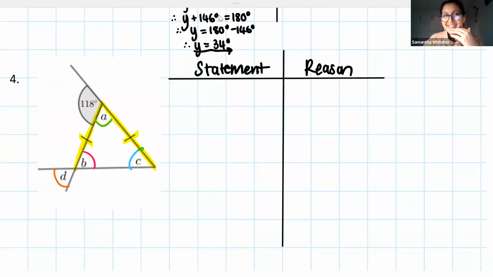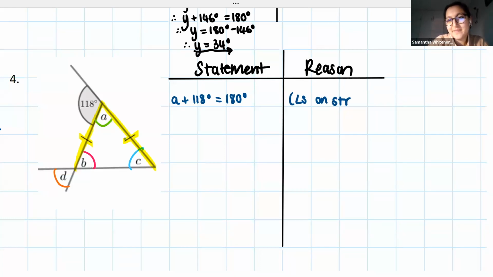Evening, ma'am. Okay, I'm ready. Can I please try A? Yes, perfect. Ma'am, so I said A plus 118 is equal to 180. My reason is angles on a straight line. Excellent.